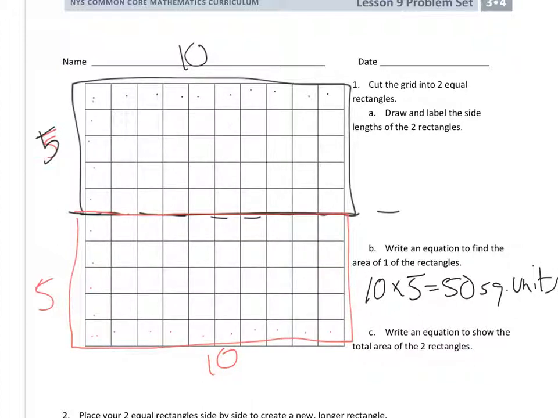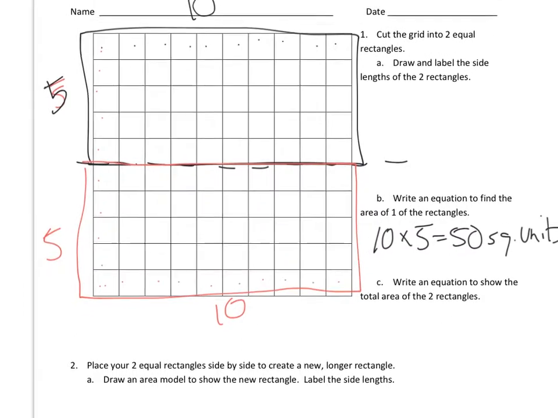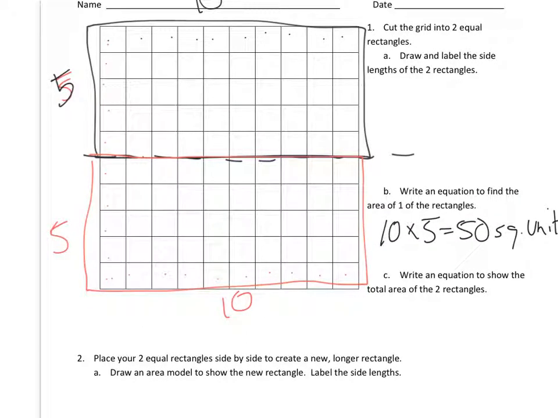Now it's asking us to write an equation to show the total area of the 2 rectangles. Alright, here's how our equation is going to be. If we know the black one is 50, then the red one has to be 50 as well, because they're the same shape. So 50 plus 50 equals 100.